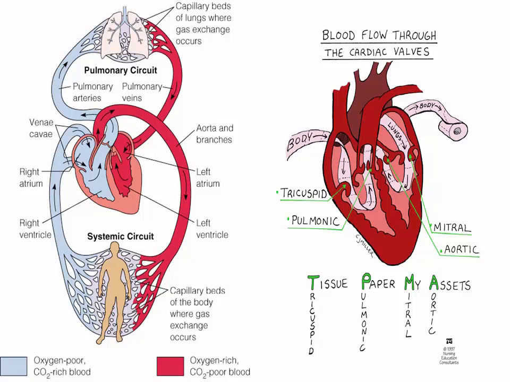The length of the vessel. The longer it is, the more pressure is needed to move blood through there. And the diameter of the vessel. The narrower it is, the more pressure is needed. So if we have thick blood and or long vessels and or narrow vessels, all of these things together are going to give us high blood pressure.